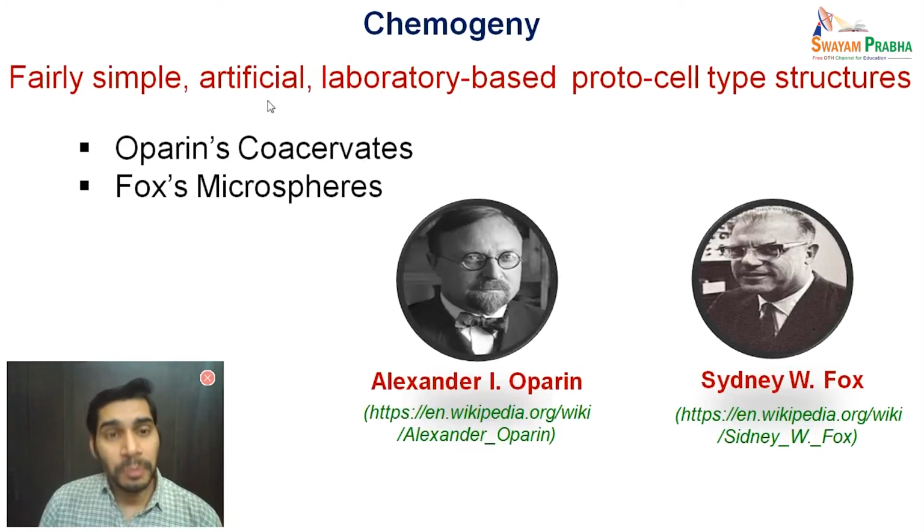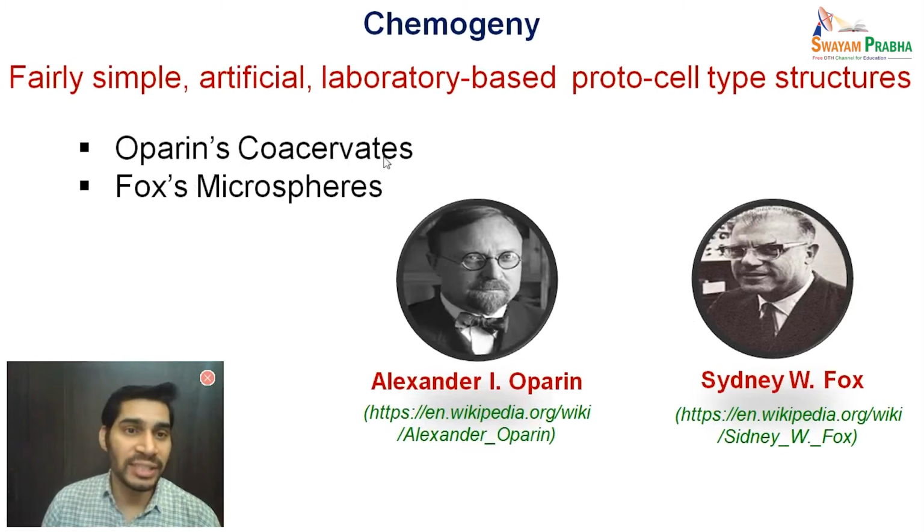There are two possibilities which can be discussed for the formation of these protocells. These fairly simple, artificial and laboratory based protocell type structures were devised by Oparin, which he named coacervates, and another system by Fox, which he named microspheres.